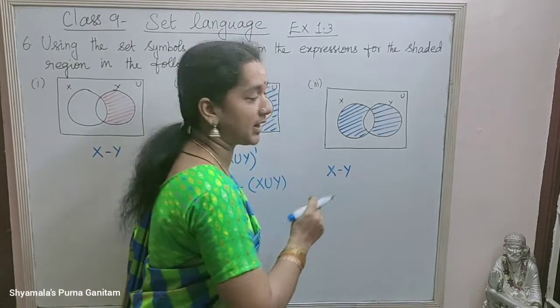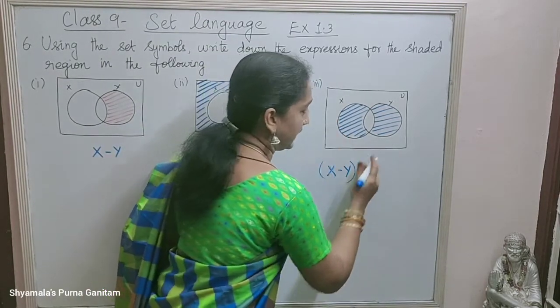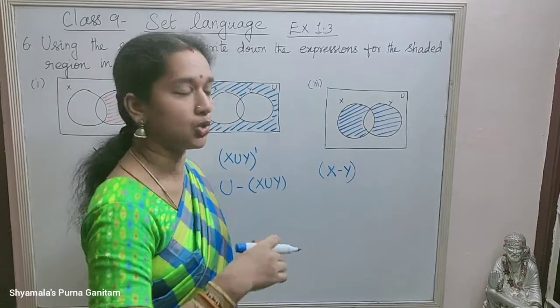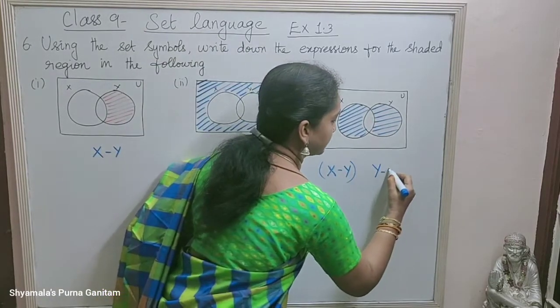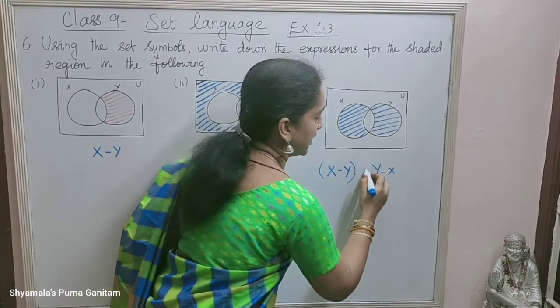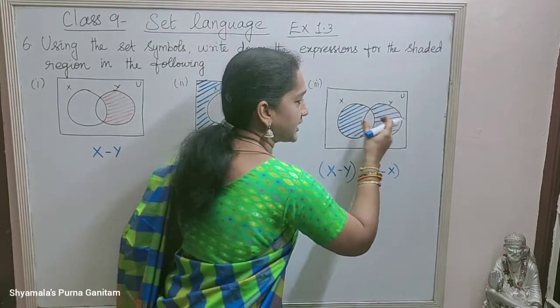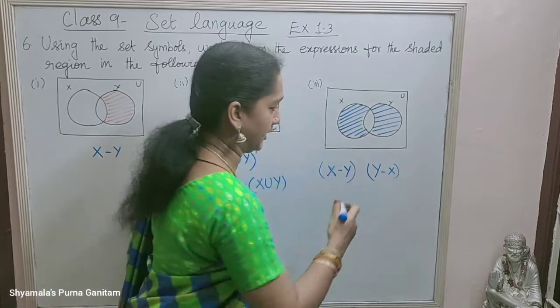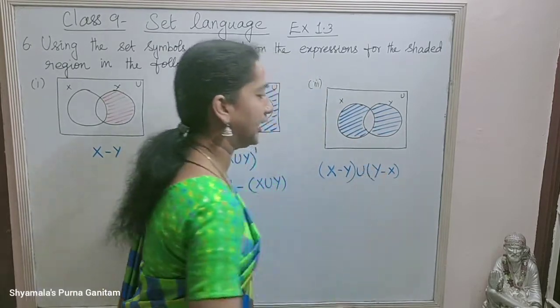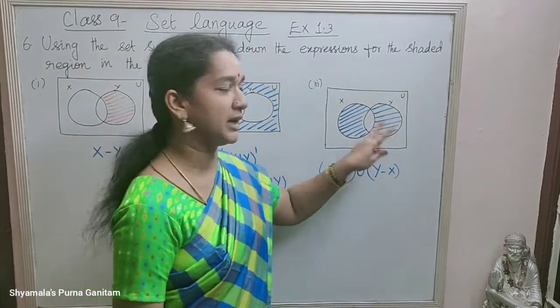So that is X minus Y. The same way here also, Y minus X. In this diagram both are combined. So X minus Y union Y minus X.